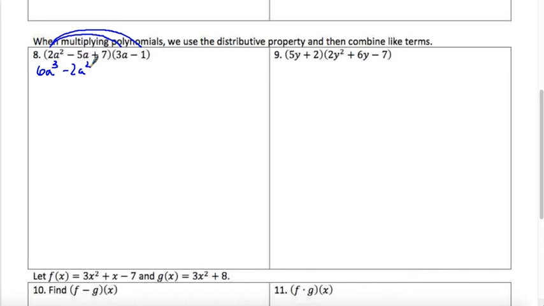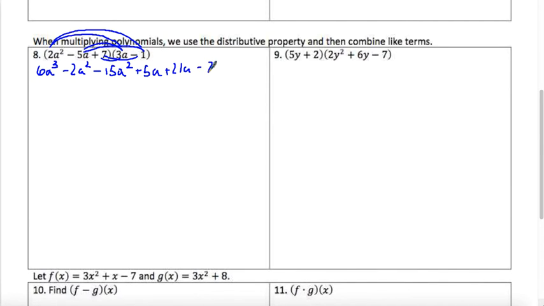So negative 5a times 3a is negative 15a squared. And negative 5a times negative 1 is positive 5a. And then we do the last one. 7 times 3a is 21a. And 7 times negative 1 is negative 7.